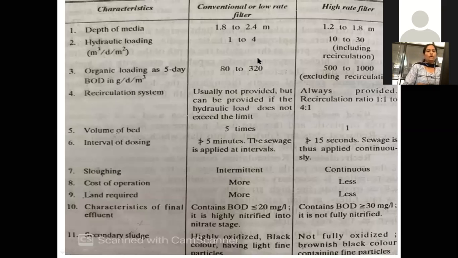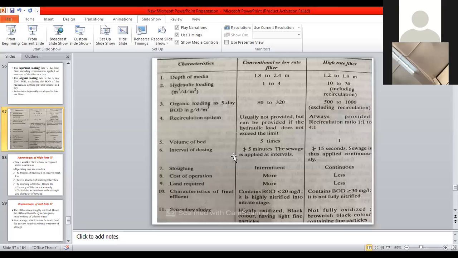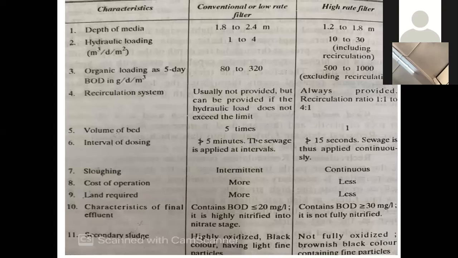So in the low rate trickling filter, the depth of filter media is 1.8 to 2.4 meters, and in a high rate trickling filter, it is required less than the low rate trickling filter.